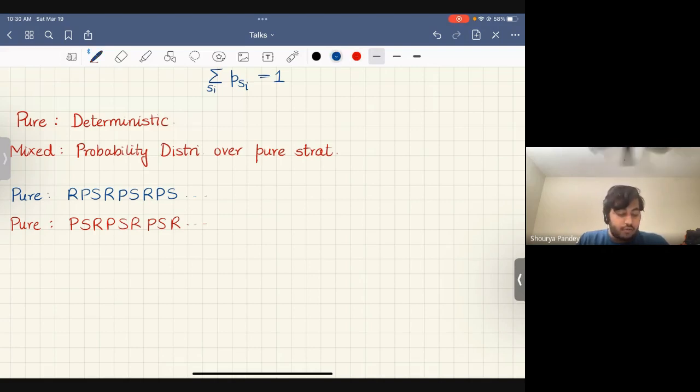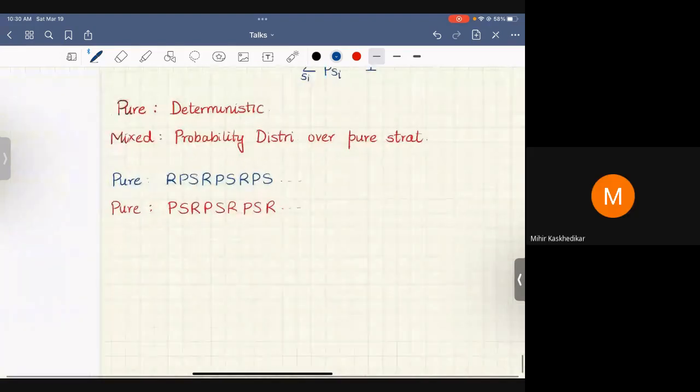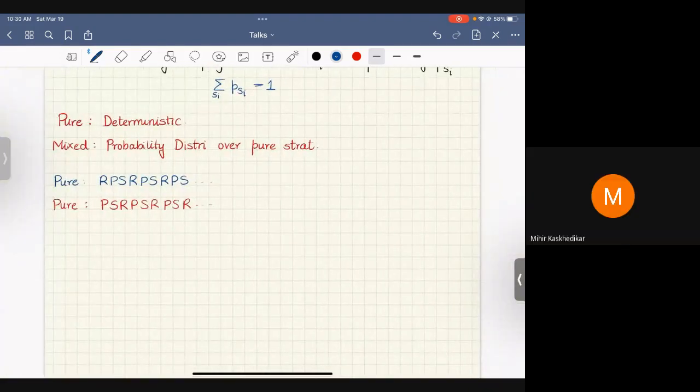And so pure strategies do not seem to always be better because of such issues. Is that clear? Okay, but I'm still not understanding why someone would play mixed strategies.